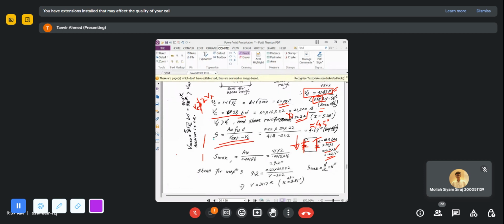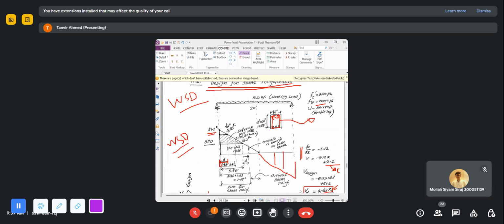Now what will be the value of your maximum spacing? This is one equation, and this is another equation. So from this equation, you just plug in all the values. AV will be again 0.11 times 2, because you have two legs. And for B, this is the width of the beam, which is given as 16 inch.